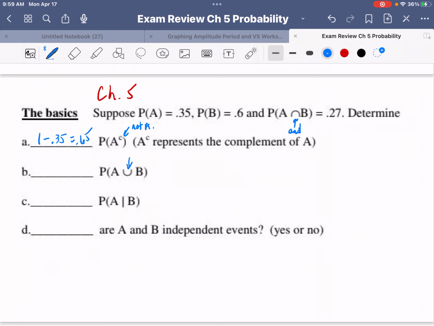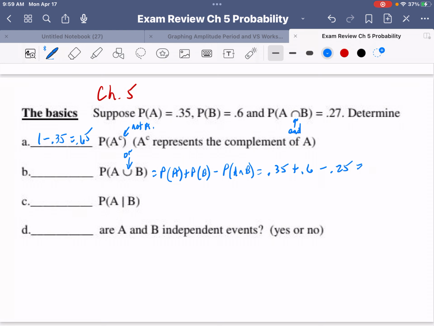This is the probability of A or B, and that's equal to the probability of A plus the probability of B minus the probability of A and B. So then that literally is just the 0.35 given plus the 0.6 given minus the 0.27. So what is that?